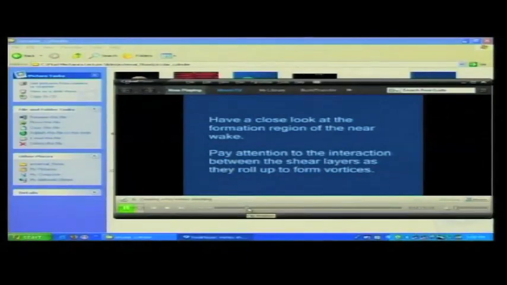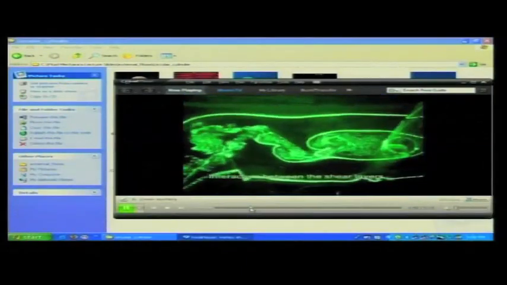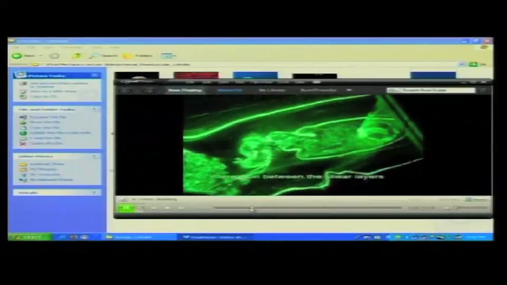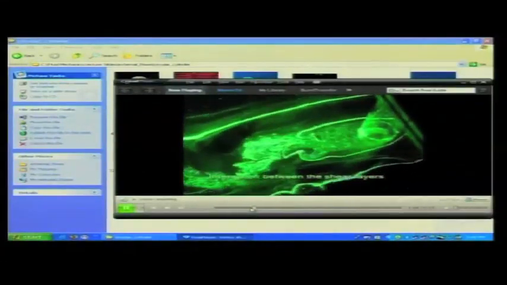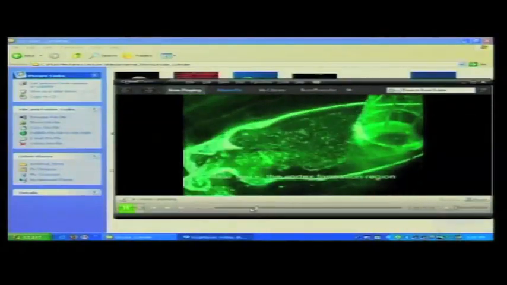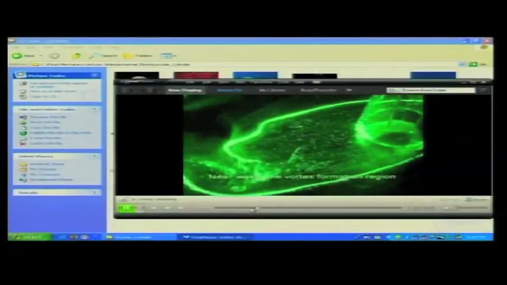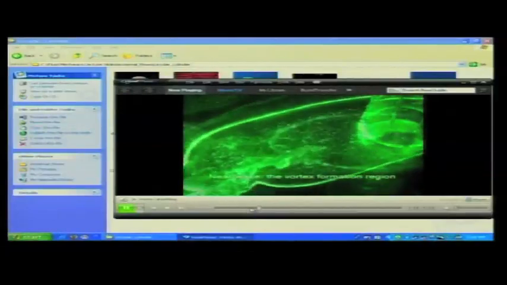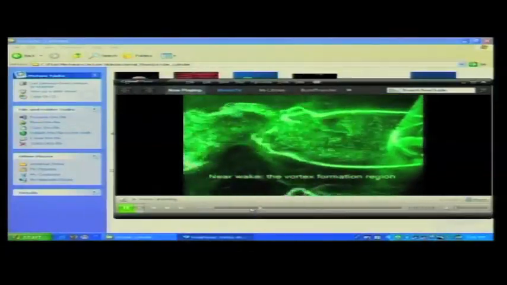Before going into vortex shedding in more detail, we want to see what types of vortex rolls are formed in the back of the cylinder, in the wake region or the low pressure region, like an animated description of the von Karman vortex street.